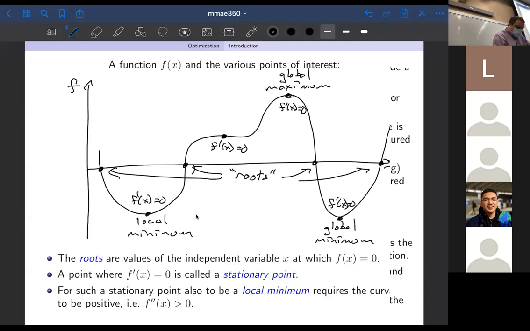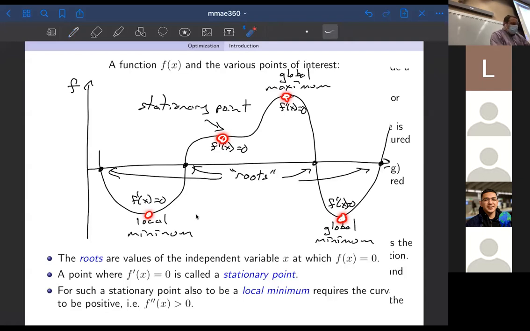Now, obviously, this point is not a minimum or maximum. It's what we call a stationary point. So the way to think about this is actually all of these are stationary points. They're all points where the derivative is equal to 0.